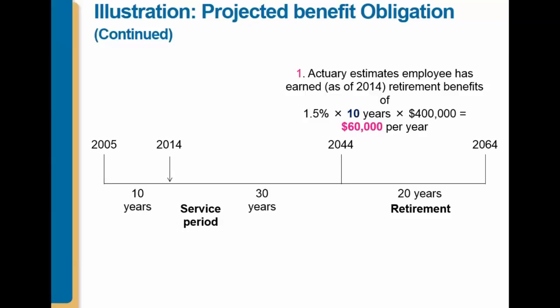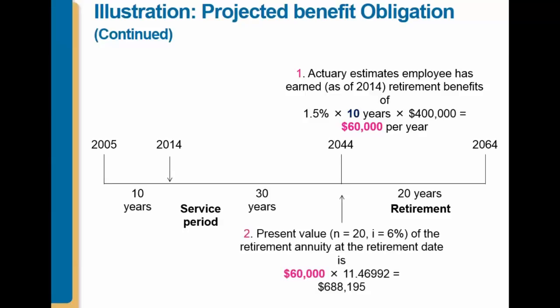Now here's what we've got. We've got 10 years of service. We have what we call a service period of 30 years. So we have 30 years to accumulate this money. But the idea is that 10 years of service times the factor, in this case 1.5%, means that we need basically $688,195 in 30 years, so that we can pay this person until he passes away.